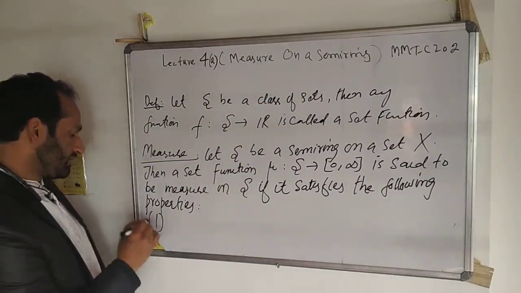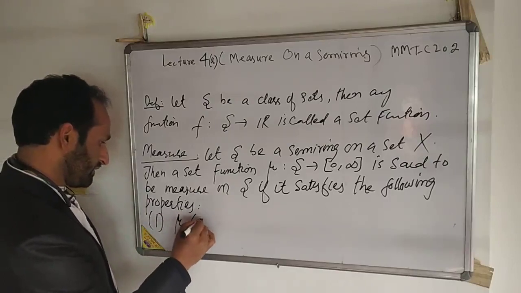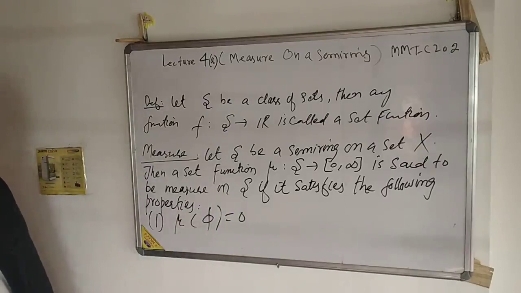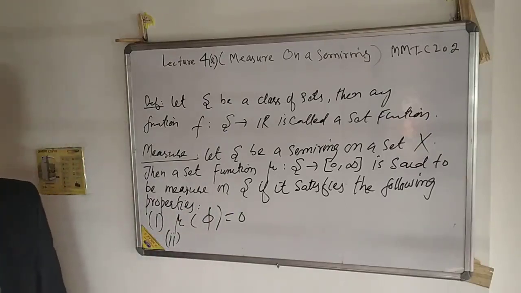Property 1 is its value on the empty set is equal to 0. That's property 1 of measure. And the second property is that it's sigma additive.